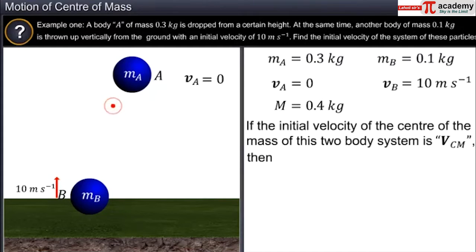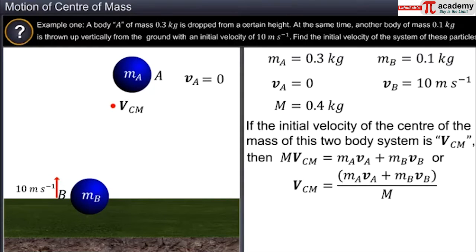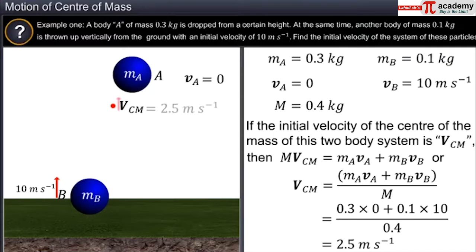If the initial velocity of the center of mass of this two-body system is Vcm, then M into Vcm is equal to ma Va plus mb Vb, or Vcm is equal to (ma Va plus mb Vb) by M, which is equal to (0.3 into 0 plus 0.1 into 10) divided by 0.4, equal to 2.5 meters per second.